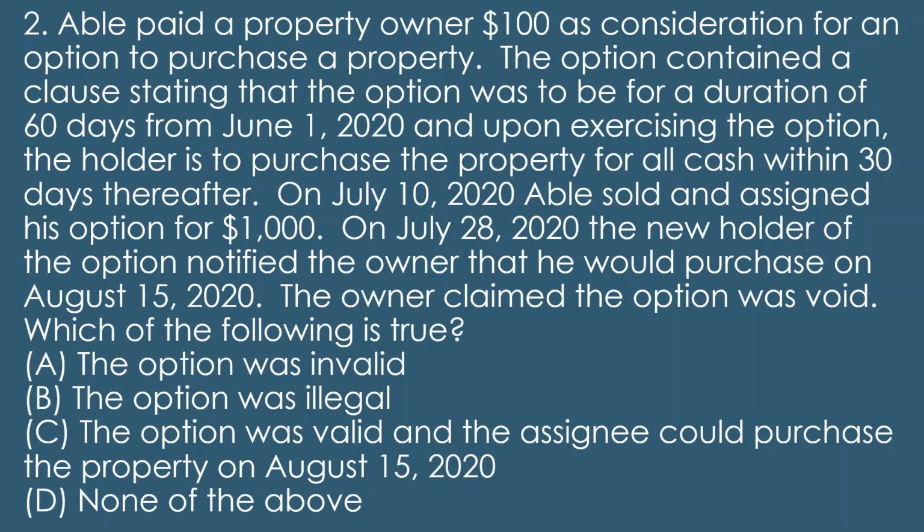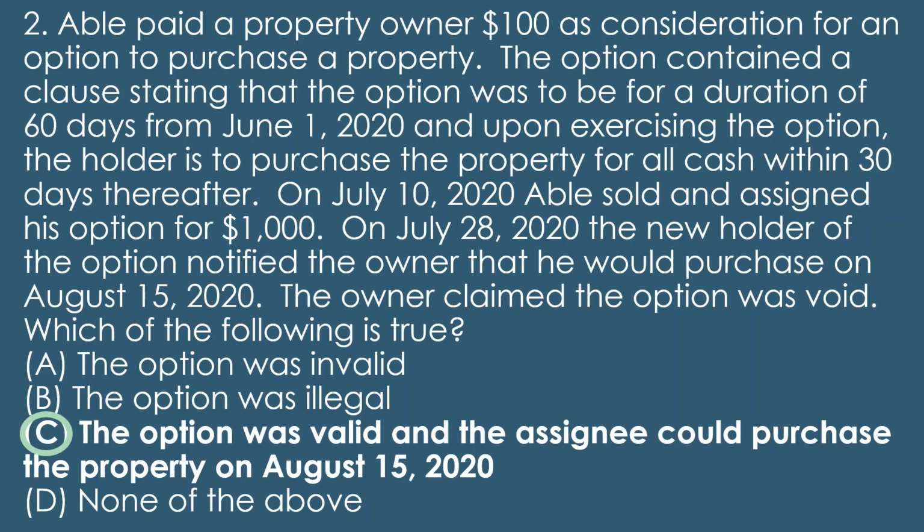July 28th though falls within the 60-day mark, and that is then a valid option, and the assignee is then able to, as long as they close it within 30 days, so August 15th falls within the 30 days of the option being exercised, and does so with cash, then the property owner needs to hold up their end of the option. And so the correct answer is: the option was valid and the assignee could purchase the property on August 15th, 2020. That is the correct answer.